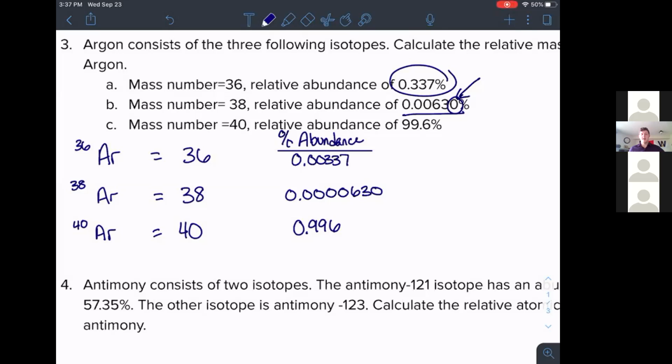All right. So now if I asked you, before we even do any calculations, argon, where do you think the mass number is going to be closest? Do you think it's going to be closest to 36, 38, or 40?